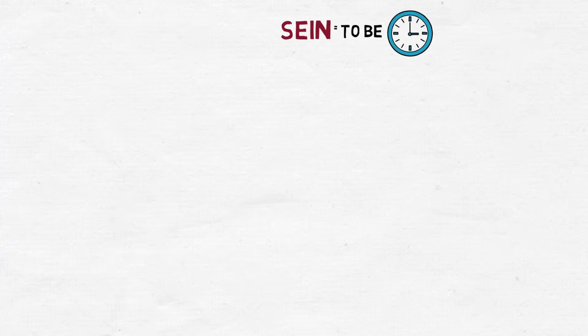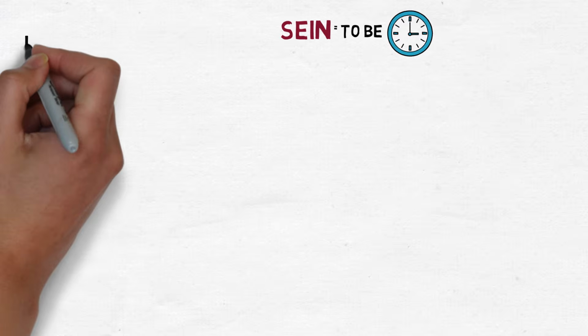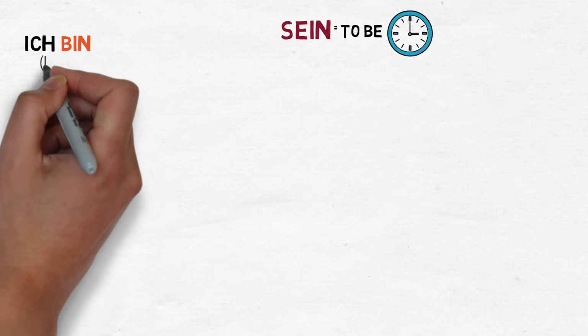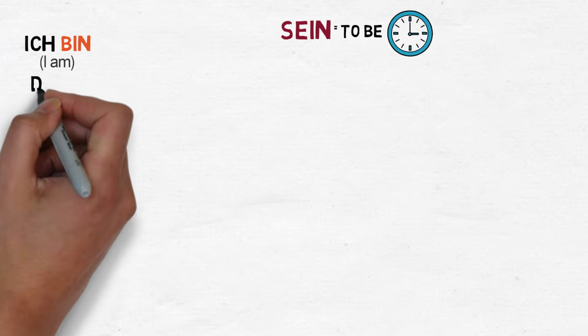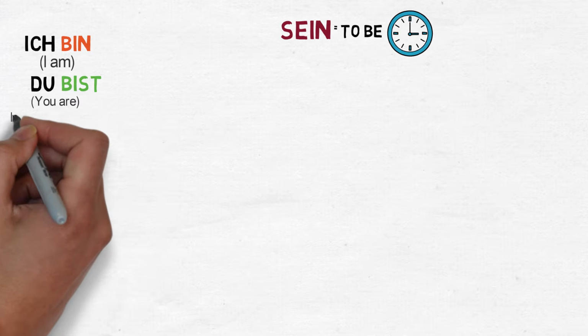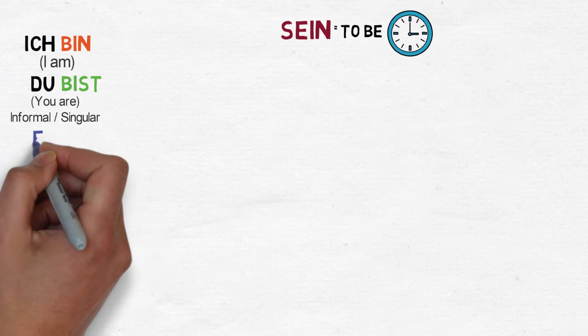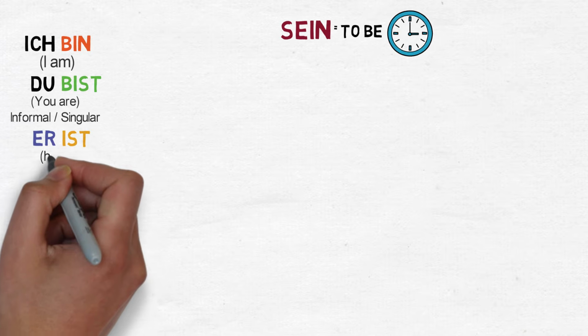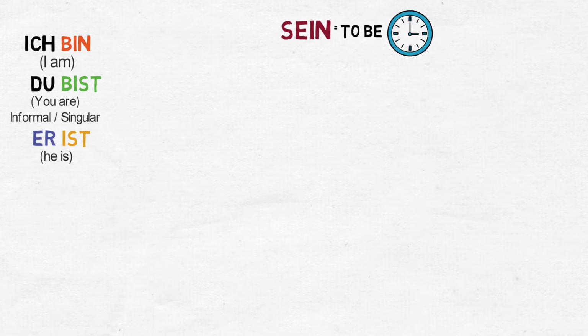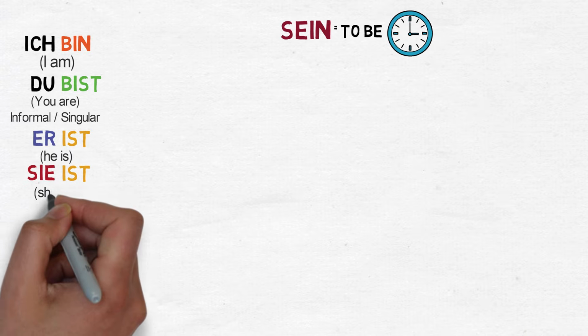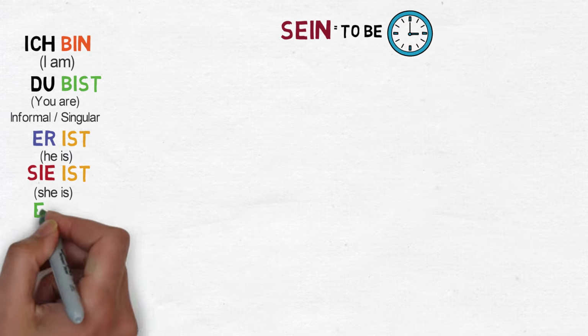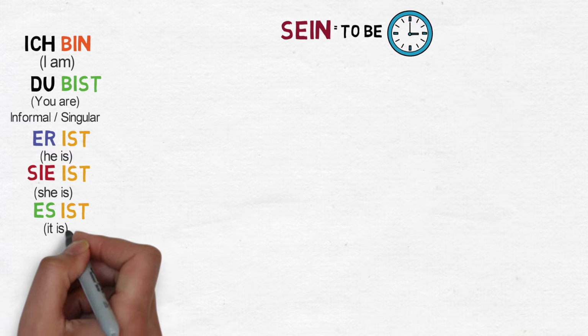The infinitive sein, which means to be, conjugates in the present tense in the following way. Ich bin means I am. Du bist means you are in an informal and singular sense. Er ist, he is. Sie ist, she is. Es ist, it is.